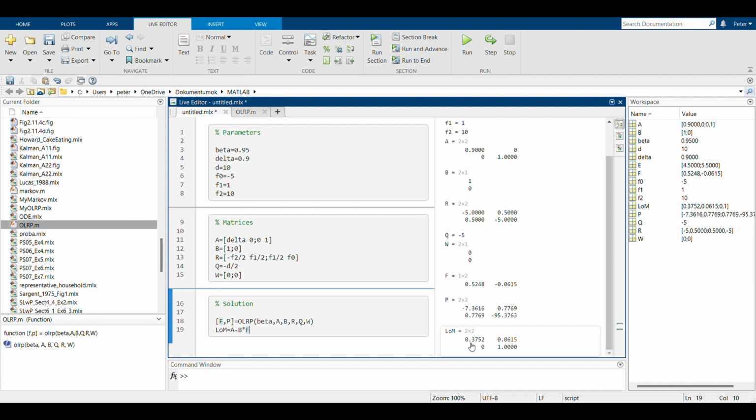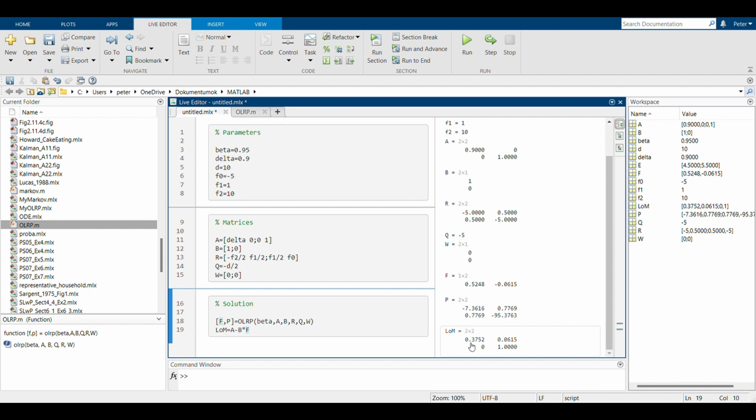Once again, this is the only perceived law of motion to which the household responds in a way that implies a law of motion for the labor force that is identical to this perceived law of motion. This was the point.